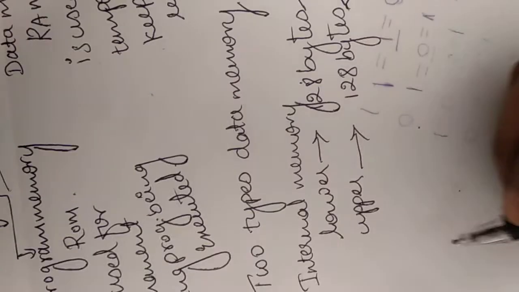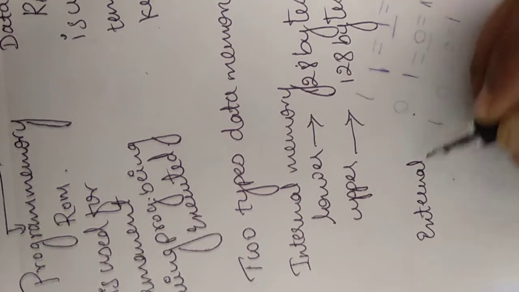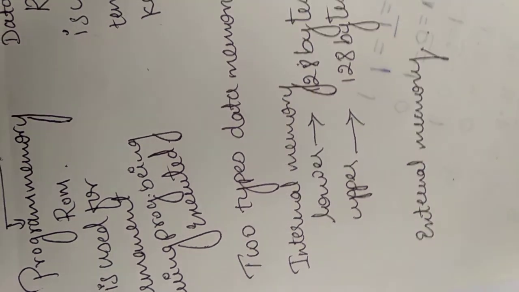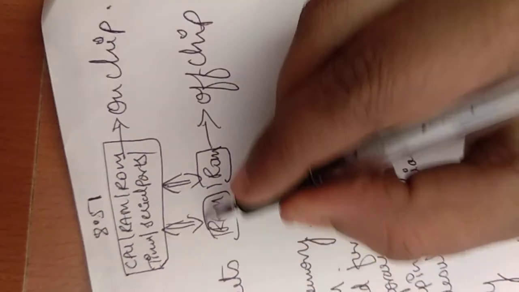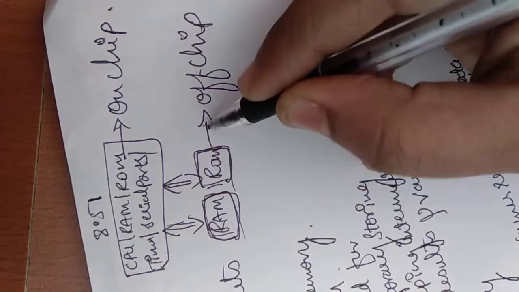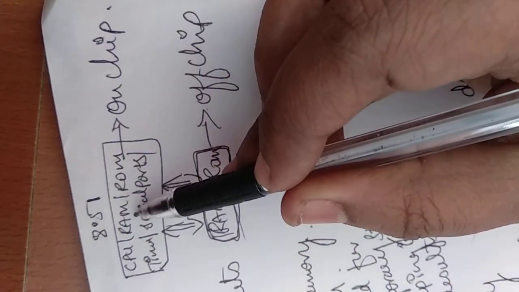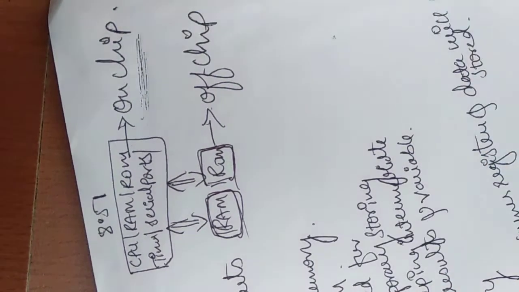Next, the external memory resides off chip. Already I have shown this is off chip. Whatever external memory we add to the 8051, we call it off chip, and whatever RAM and ROM are present inside the 8051 is called on chip.